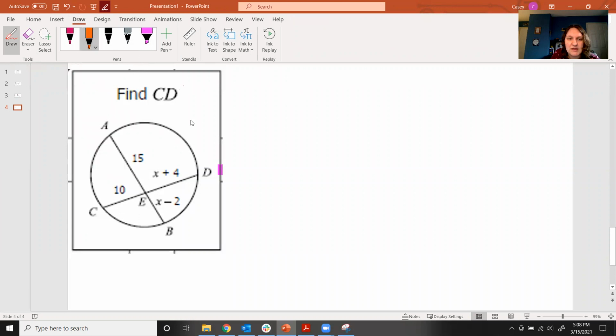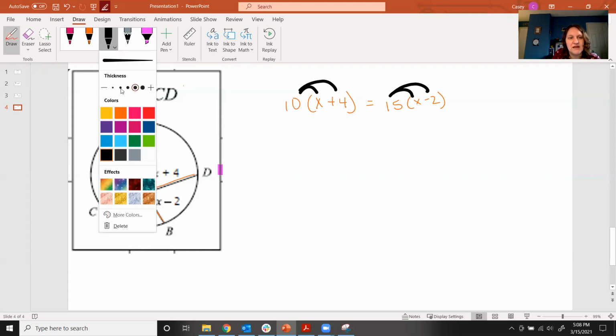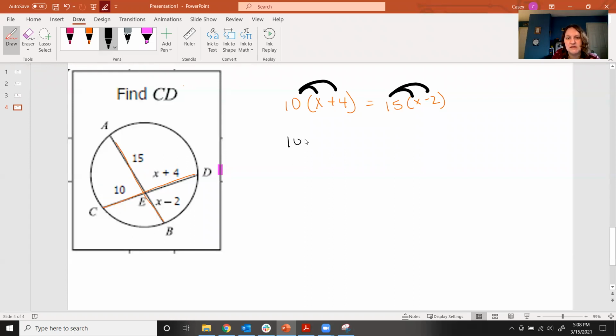These intersect inside the circle still. So 10 times x plus 4 and 15 times x minus 2. Don't forget those parentheses. You're going to want them so you remember to distribute. So let's distribute the 10 and the 15. 10x plus 40, 15x minus 30.